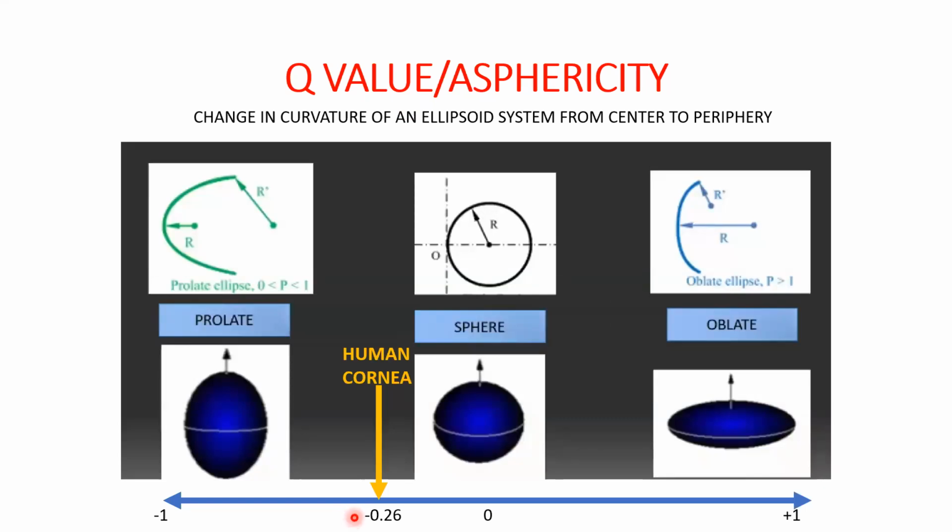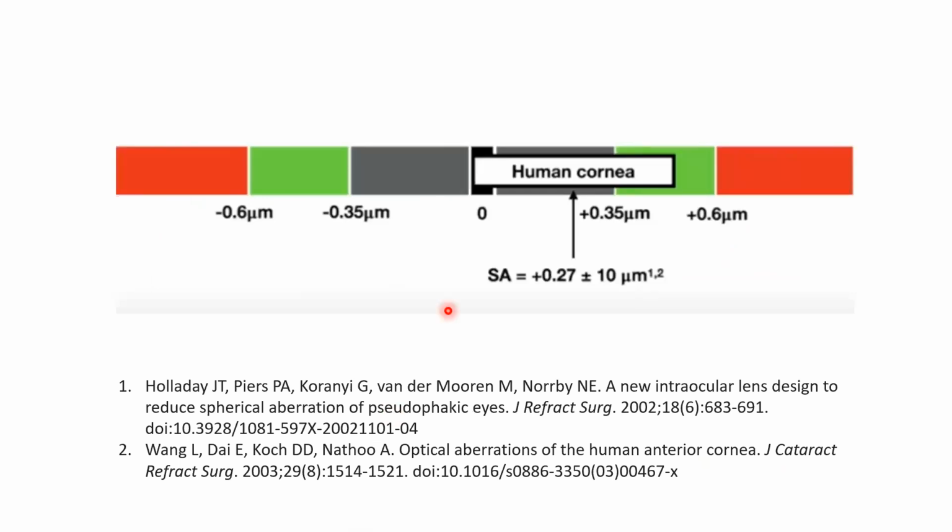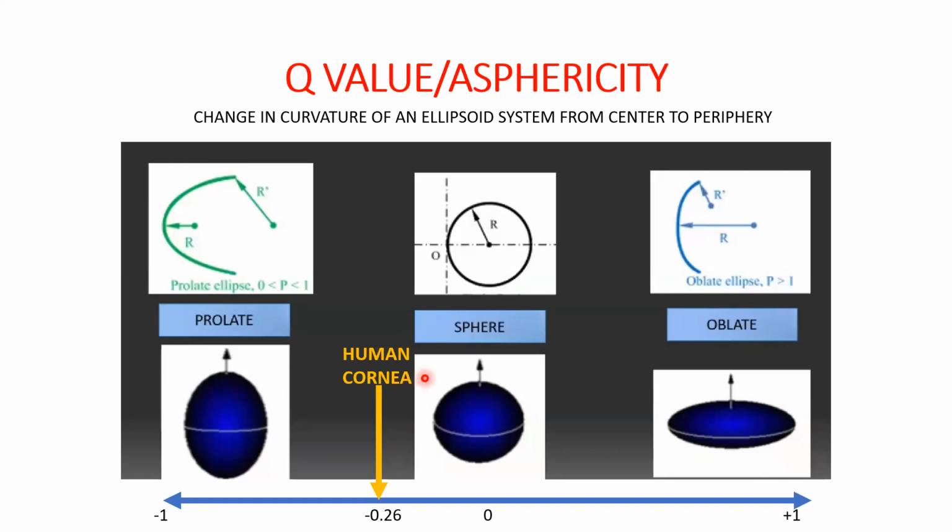Whereas the normal Q value, or the asphericity factor, of a normal human cornea is somewhere around -0.26. We should not confuse between these two. The spherical aberration of a normal human cornea is positive and it is 0.27 on average. And the Q value, which is the measure of asphericity of the human cornea, is negative and it is 0.26. If the surface is completely spherical, the Q value is 0.